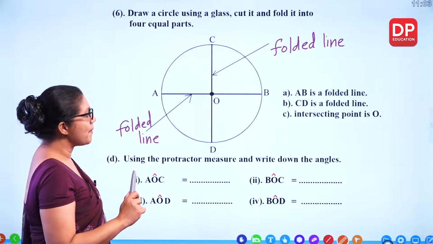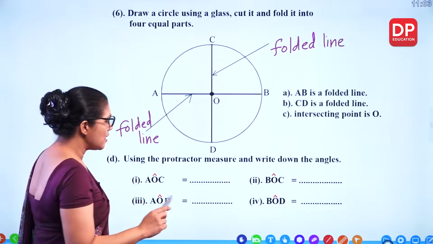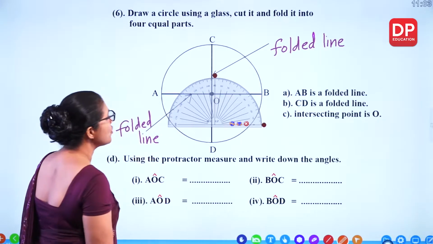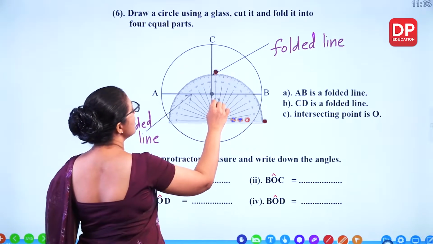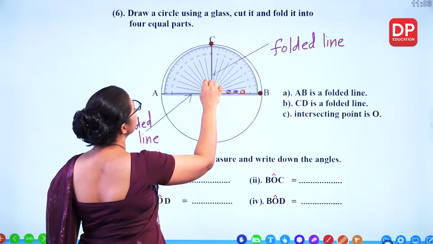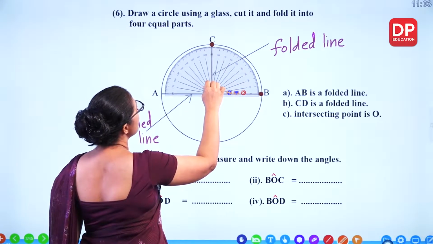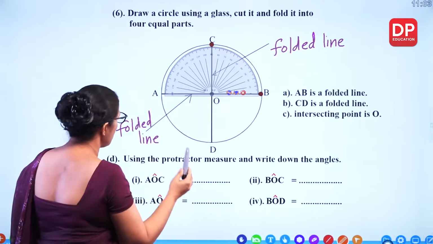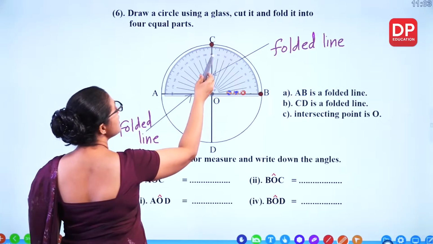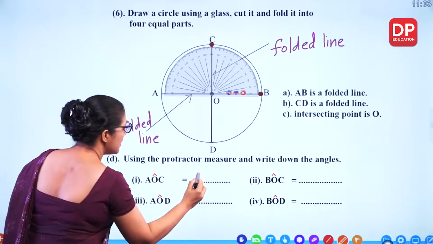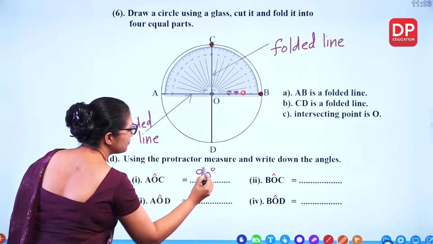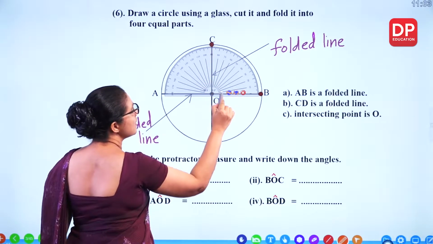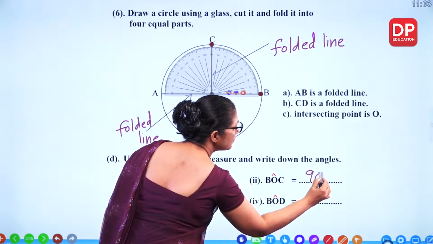Using the protractor, measure and write down the angles. So you can take the protractor and measure the angle. Keep the protractor here and you can measure AOC, this angle. So what's the angle? 90 degrees. And we can measure BOC angle as well. That's also 90 degrees.